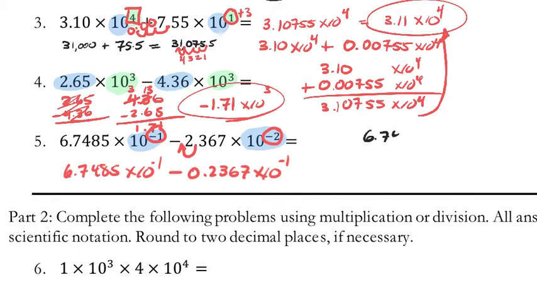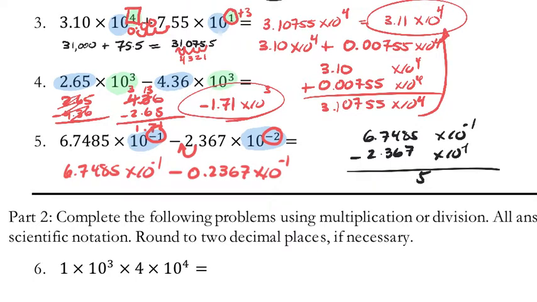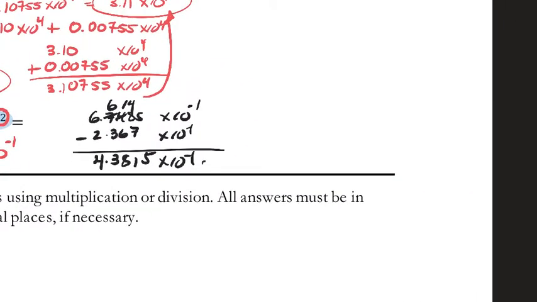6.7485 minus 2.367 times 10 to the negative first, and you get 4.3815 times 10 to the negative first, but again, we need to round it to 2 decimal places, so 4.38 times 10 to the negative first.